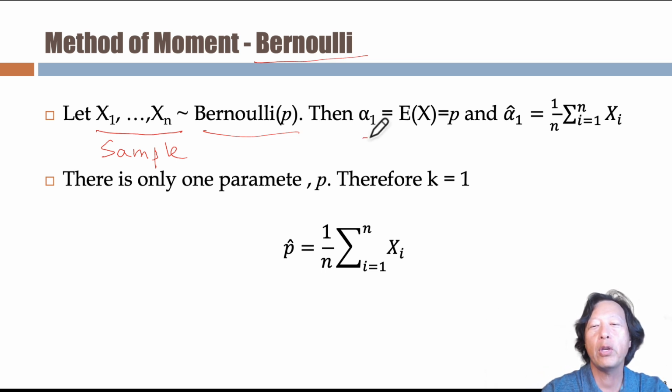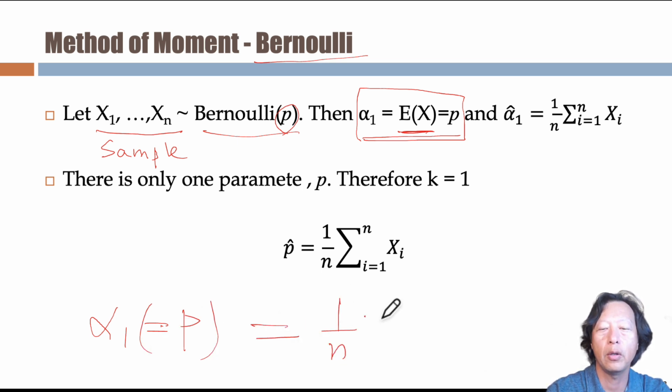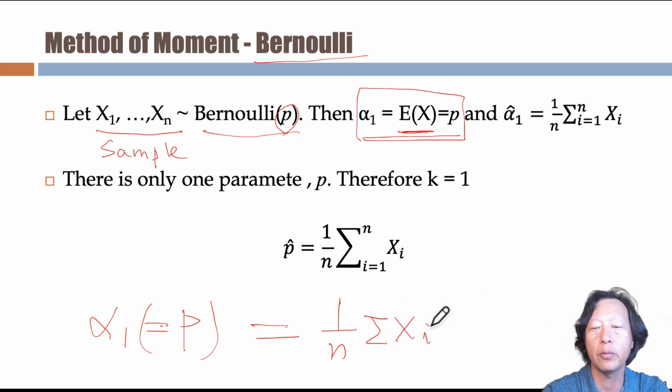Because our parameter is only one parameter, we will have only one equation. So here alpha 1, which is the population moment, is the expected value of x, so it will be p, right? However, that should be the same as 1 over n times the sum of xi, because this is the first moment.